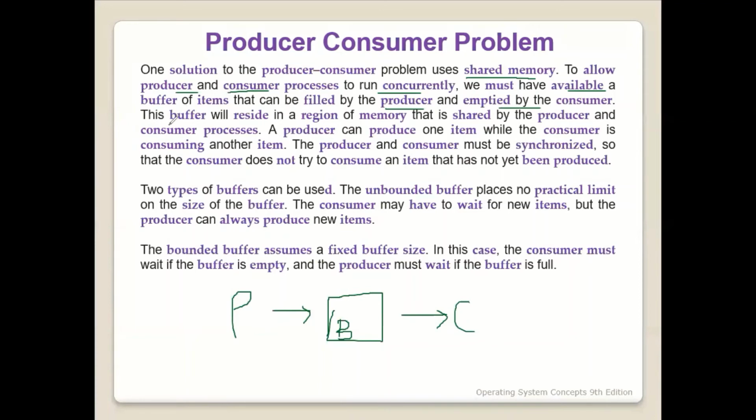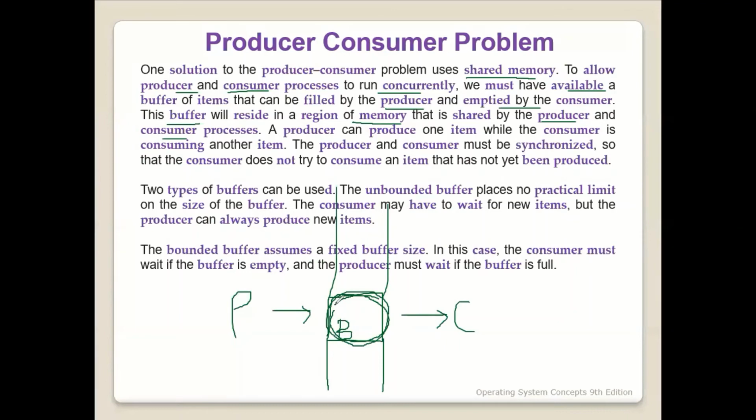Okay, so where is the buffer? This buffer resides inside a region of the memory. That's what we said before, shared memory. Okay, it's a small portion of your main memory, shared by the producer and also by the consumer process. So in your memory, you have a lot of memory, a big memory. So in the big memory, one small location of your memory is your shared memory.